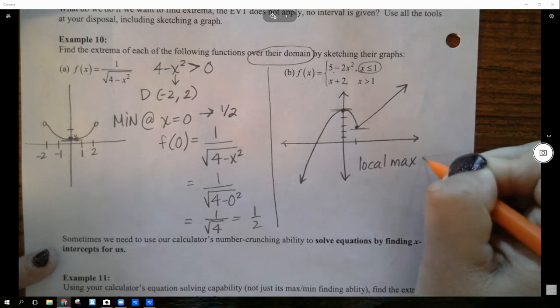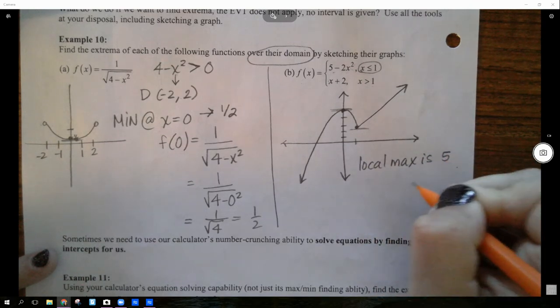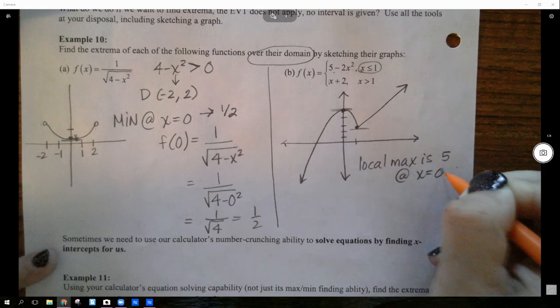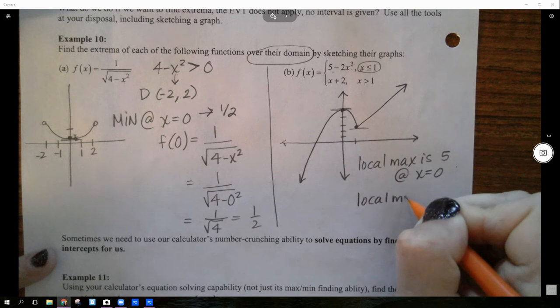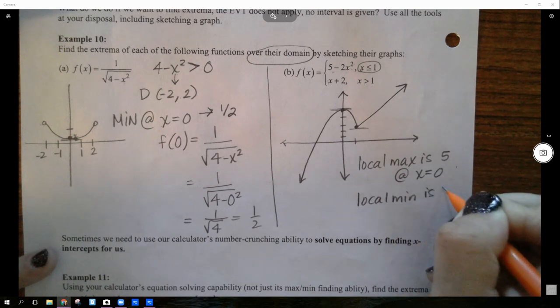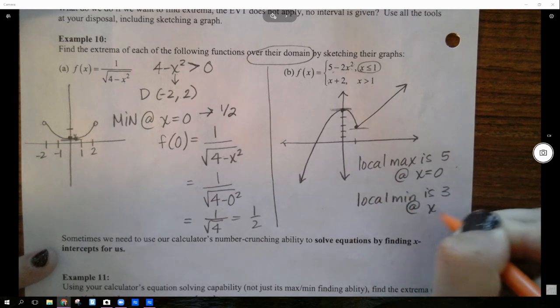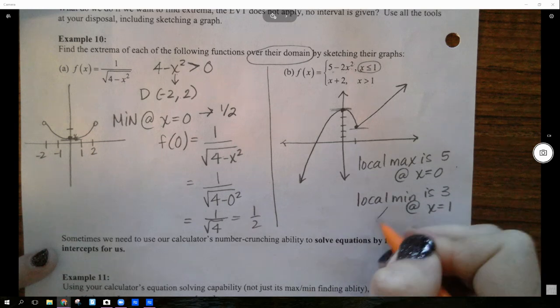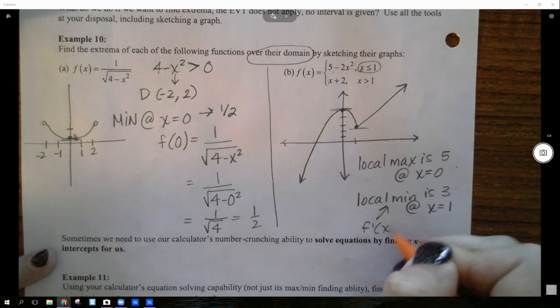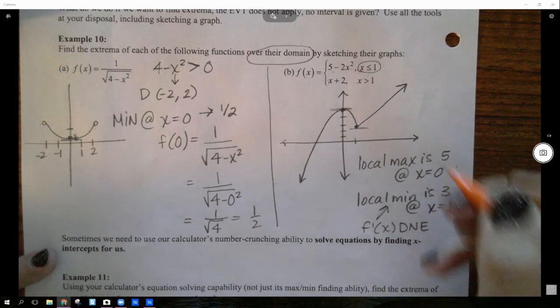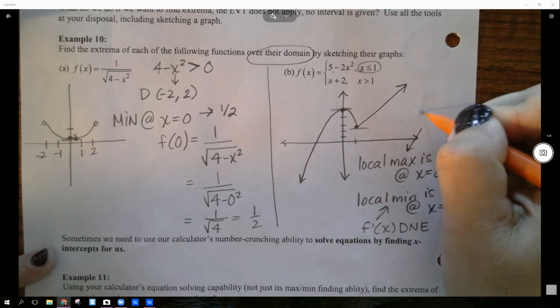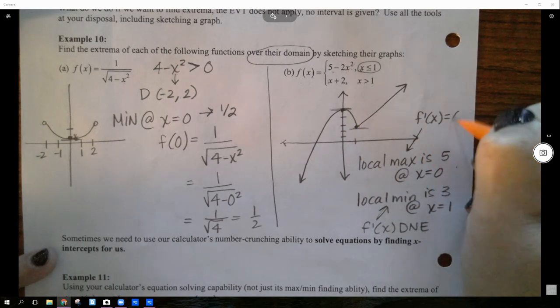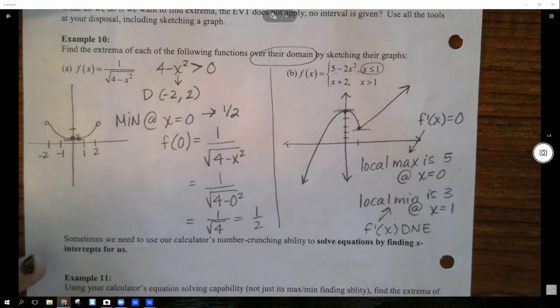So local max is 5, and that is at x equals 0. And then a local min is 3, and that's at x equals 1. Notice your local min occurred when the derivative does not exist because that is a pointy cusp right there. And your local max occurred when the derivative was equal to 0, that nice flat spot up there.